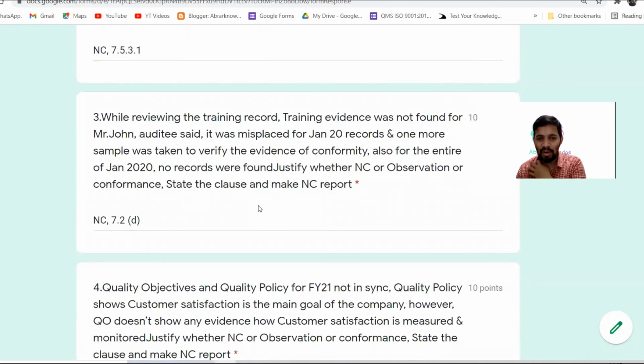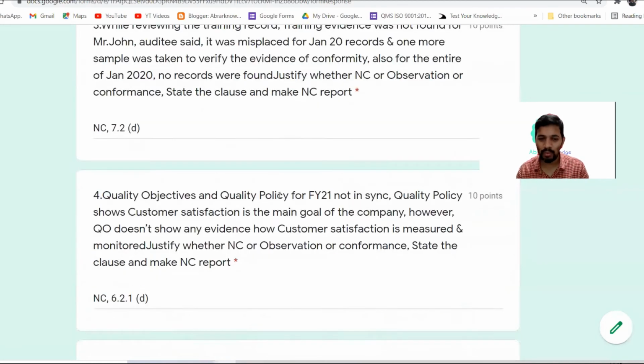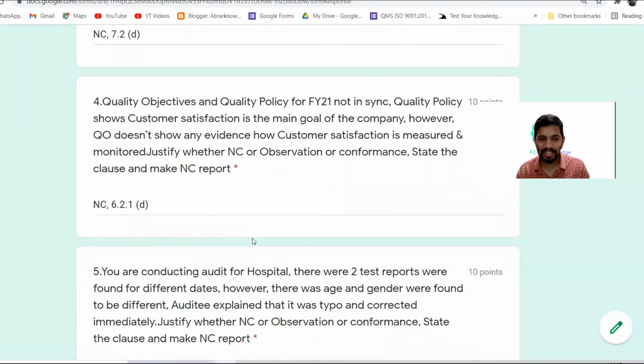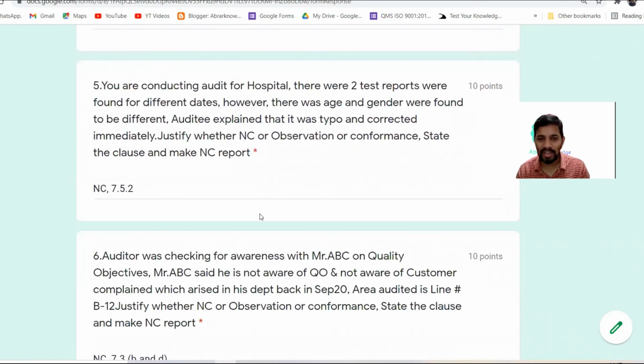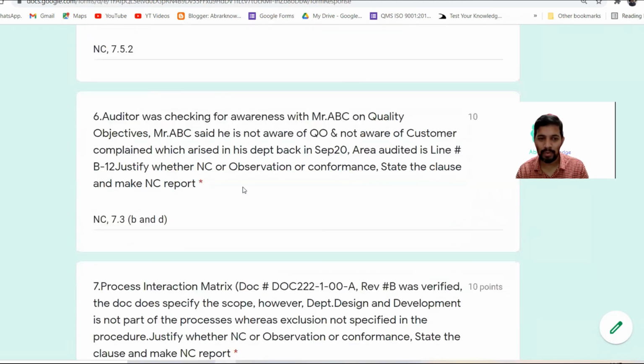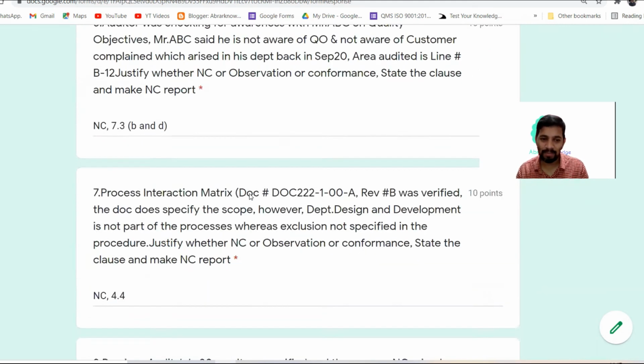While reviewing the record, any training record is straightforward, 7.2. In this case, the quality objective does not show any evidence of how customer satisfaction is addressed. Quality objectives have class number 6.2. You're conducting an audit in a hospital, and again the test reports were different, so 7.5.2. The auditor was checking awareness, 7.3.